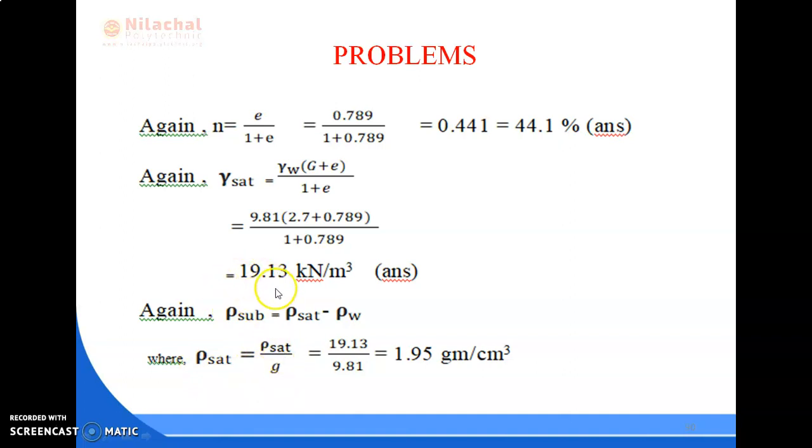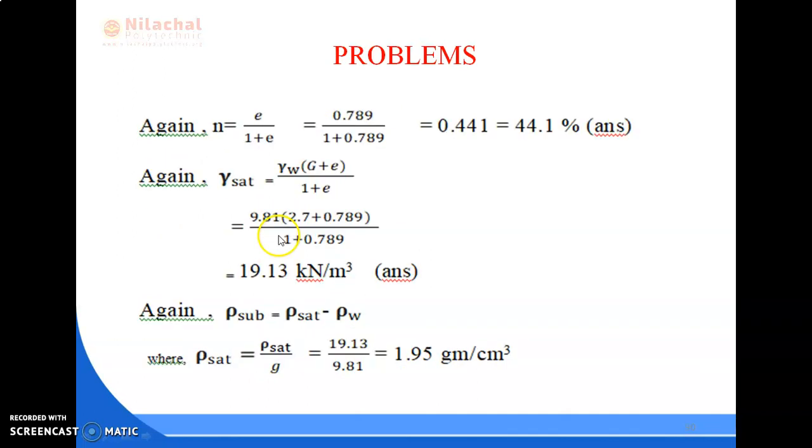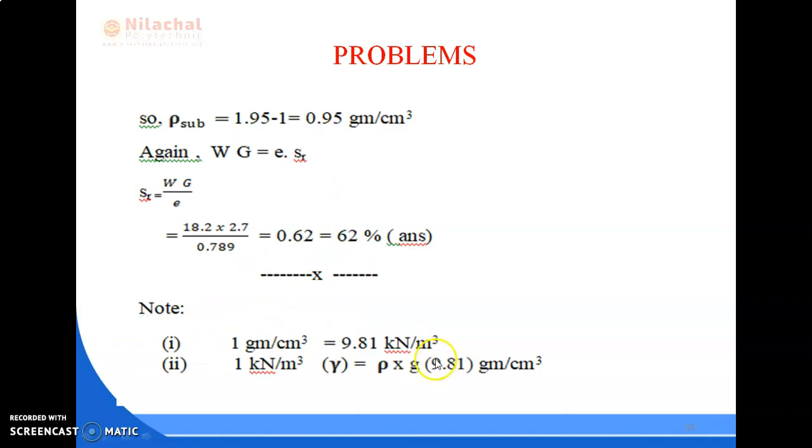So already we have calculated the gamma sat here, 19.13 by 9.81, answer is 1.95 gram per centimeter cube. Rho sat equal to this much, 1.95, but the rho sub equal to 1.95 minus 1 equal to 0.95 gram per centimeter cube. This is another answer.